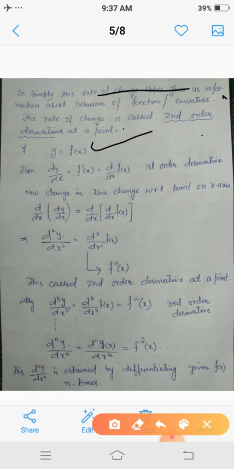Now if the function is y equals f of x, dy by dx is f dash of x, which we can simply write as d by dx of f of x. This is the first order derivative.